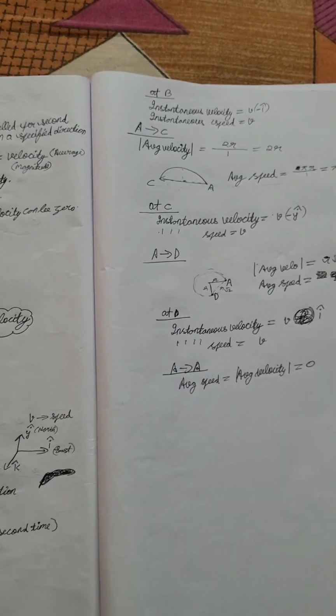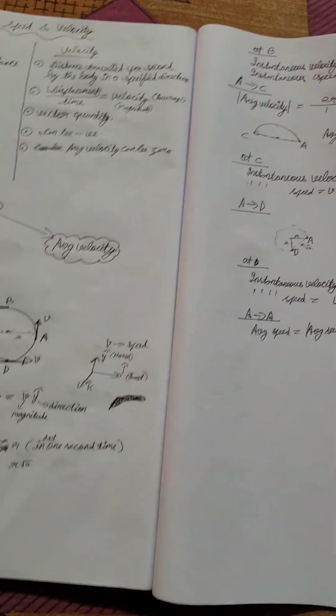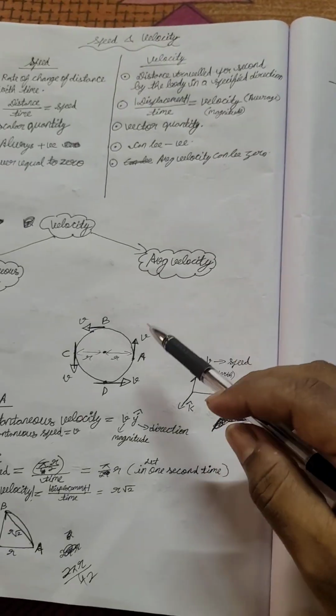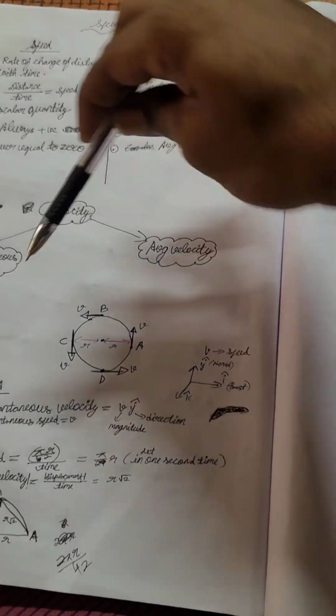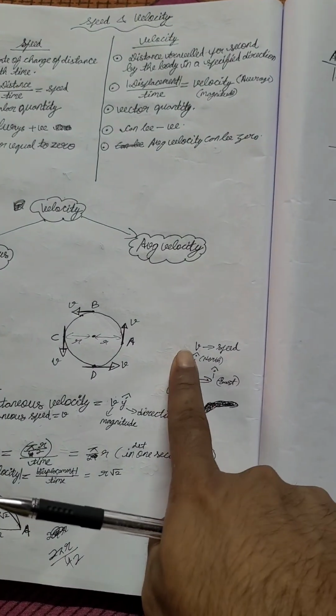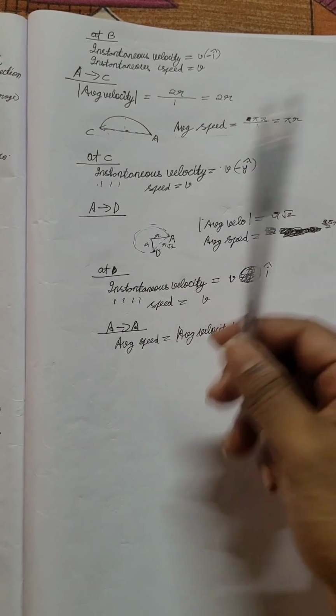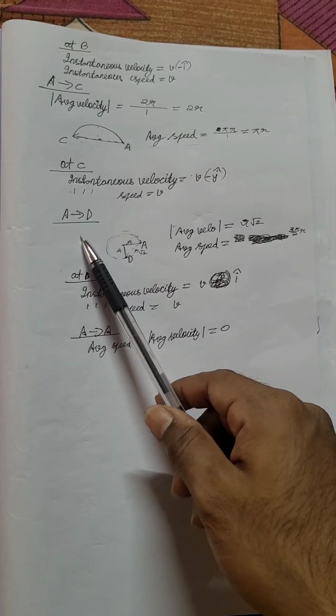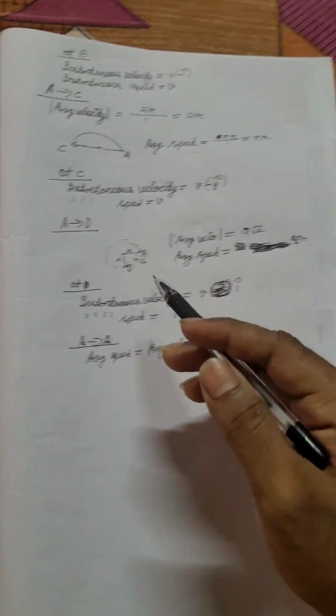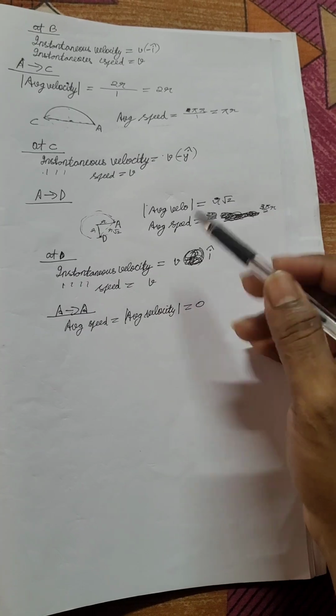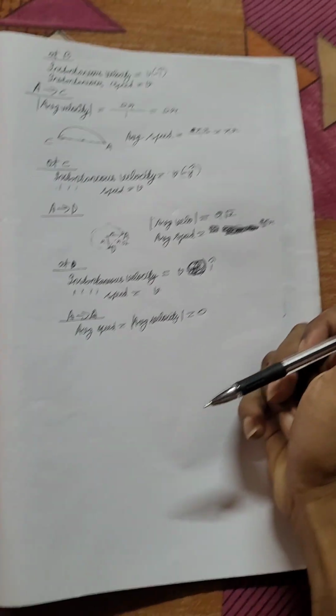Instantaneous velocity at C is minus j cap. It is downward. Upwards is j cap, then downwards will be minus j cap. So v minus j cap. Instantaneous speed is constant v. From A to D, it is similar to A to B, but there is a change in direction.